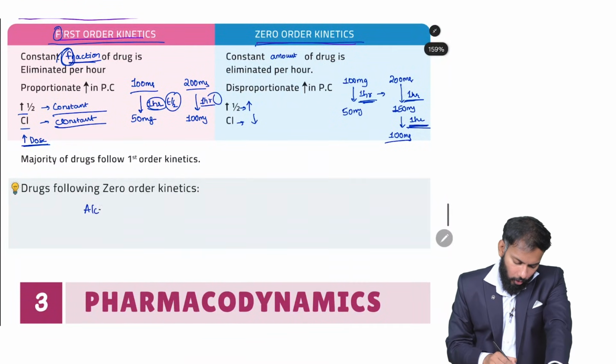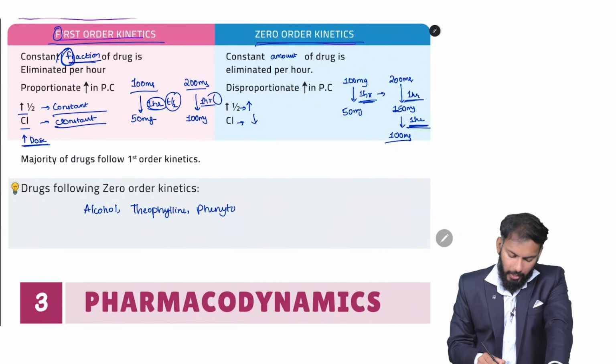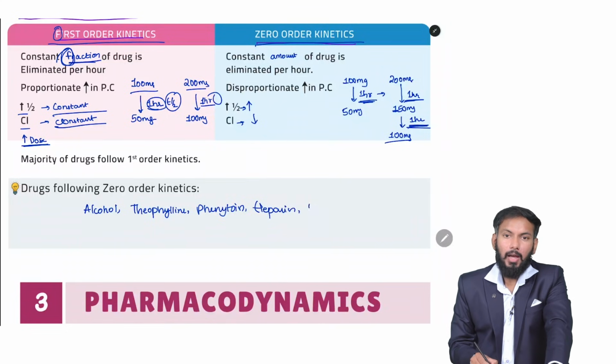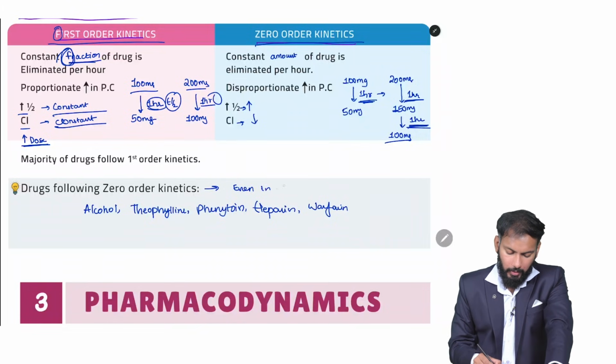These are alcohol, theophylline, phenytoin, heparin and warfarin. Really important. Heparin and warfarin. These are the drugs that follow zero order kinetics even in therapeutic doses.